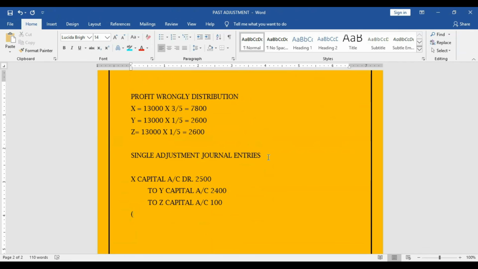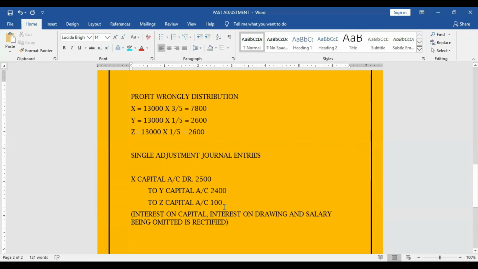Narration: interest on capital, interest on drawing. So the answer is X capital account debit by 2,500 and Y capital account credit 2,400, Z capital account credit by 100.